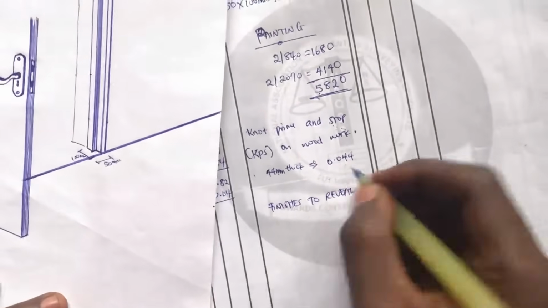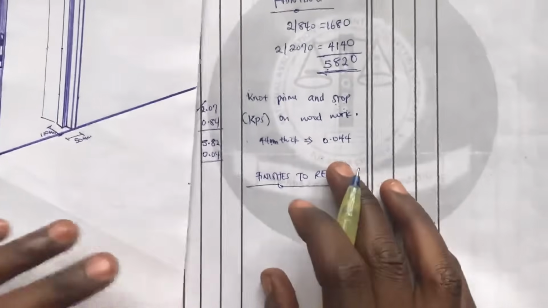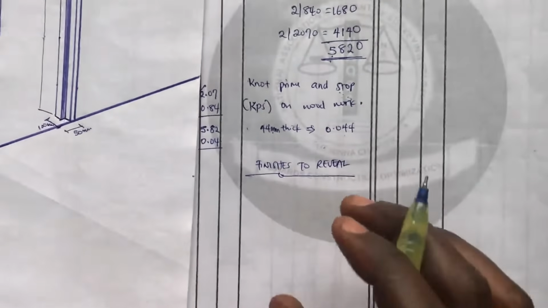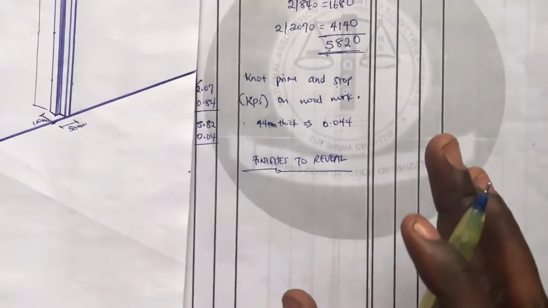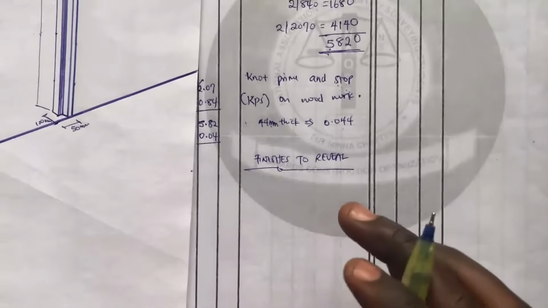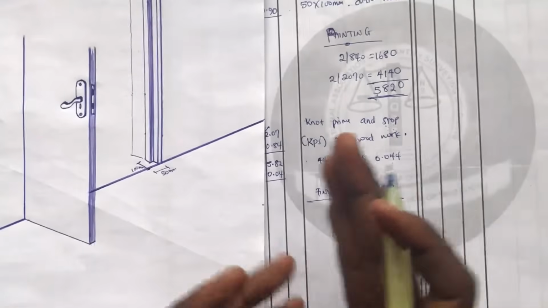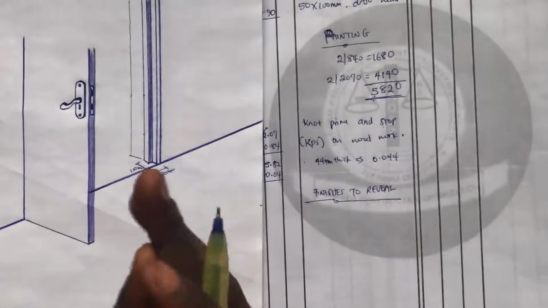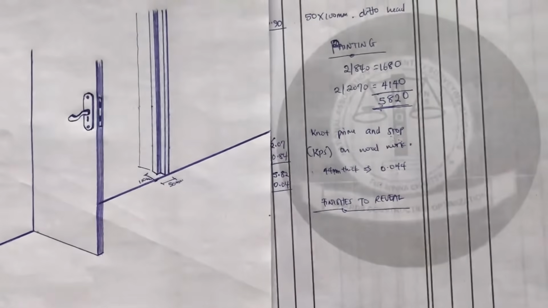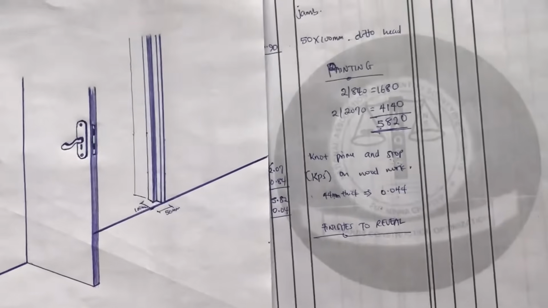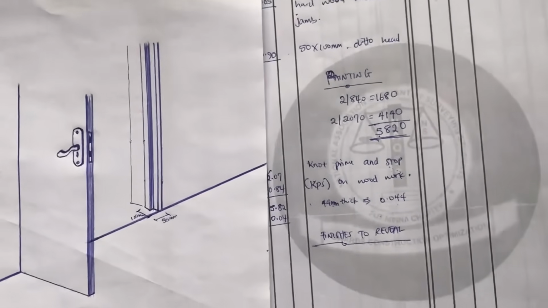Take note that on most occasions, your finishes to reveal is usually measured in linear meter, because the provision states that whenever the work item you are measuring for is less than 300 mm wide, you have to measure for that particular item in linear meter. That's what the BSMM states, BSMM 4.